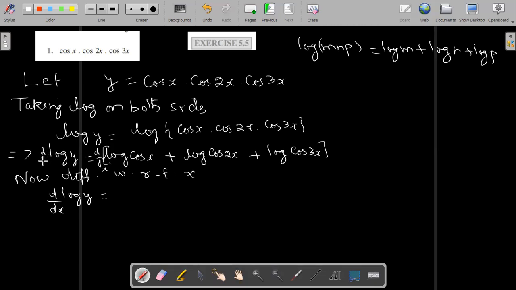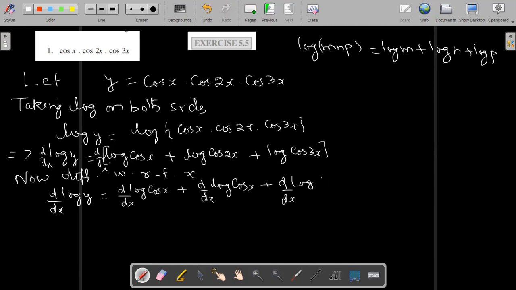So d by dx directly goes inside the plus: d by dx of log cos x plus d by dx of log cos 2x plus d by dx of log cos 3x.